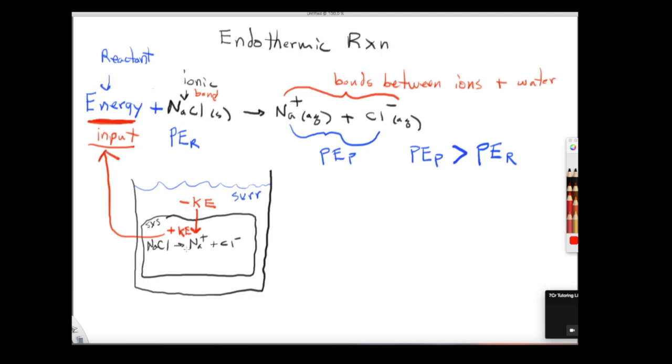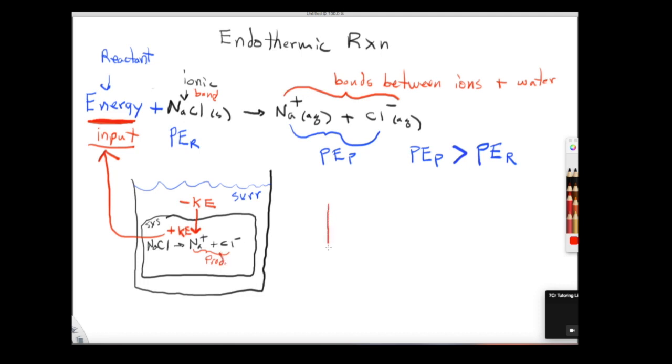So energy had to come in order to drive this reaction. You can think about this kind of like a car. When you turn the car on, in order to get it to move, you actually have to burn gasoline. So burning the gasoline releases energy that allows you to drive the car. For this reaction, as opposed to the last example, we need energy to actually drive it to form the products.